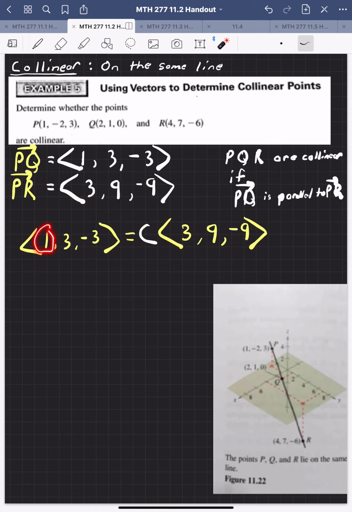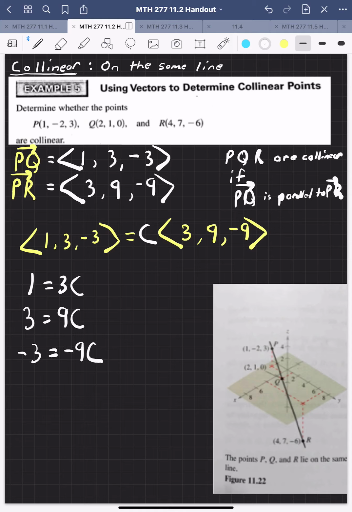So let's set 1 equal to 3c. Let's set 3 equal to 9c, and proceed. 1 is equal to 3c, 3 is equal to 9c, negative 3 is equal to negative 9c.